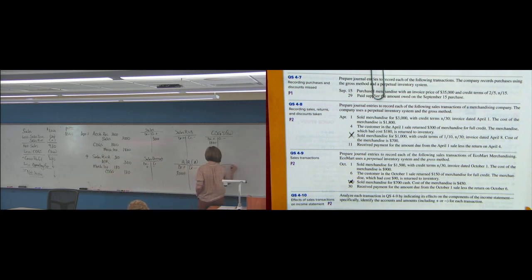And let me do this here. I made an assumption that there was an available balance in this account, right? I credited merchandise inventory for 1,800 originally. Now I'm putting it back for 180. Cost of goods sold, I'm reducing also by 180. Sales returns and allowances, where's my sales?